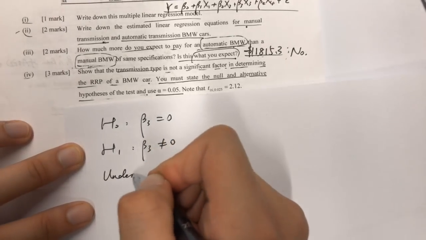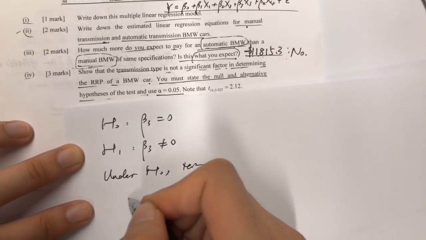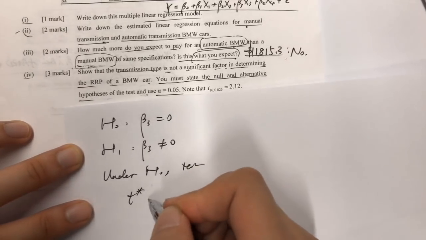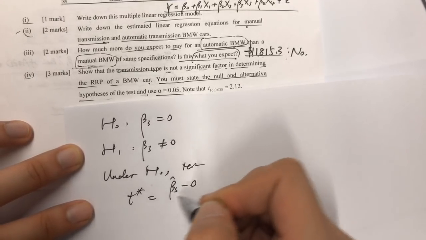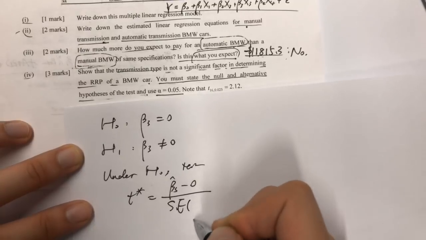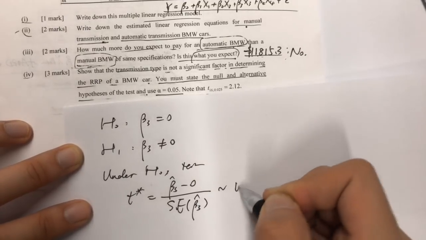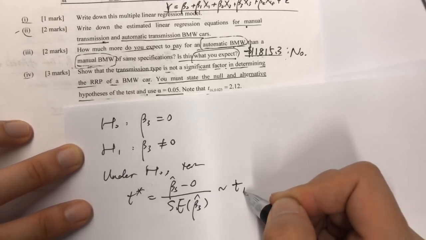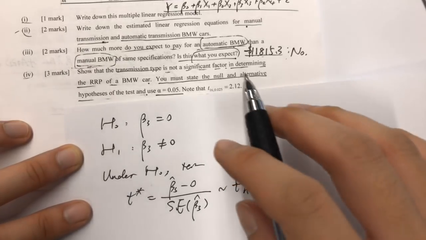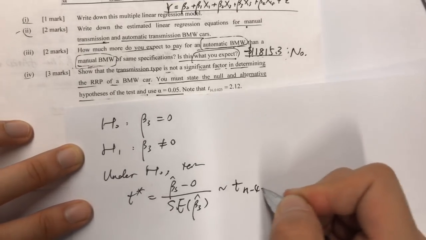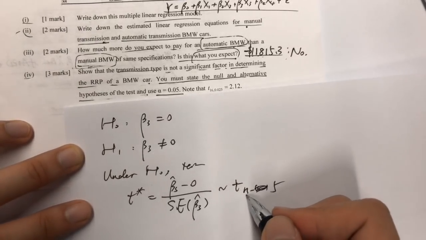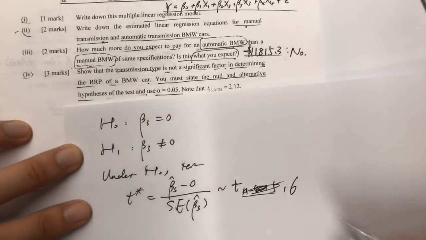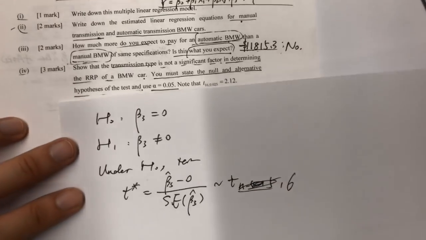Therefore, under the null hypothesis, the test statistic is t star equal, what is it? Beta 3 hat minus 0 divided by the standard error of beta 3 hat, which follows the t distribution with n minus k minus 1 degrees of freedom. So k equals 4, n minus 4 minus 1, which is n minus 5. N here is 21, so 21 minus 5 is 16. Okay, so it's t 16.